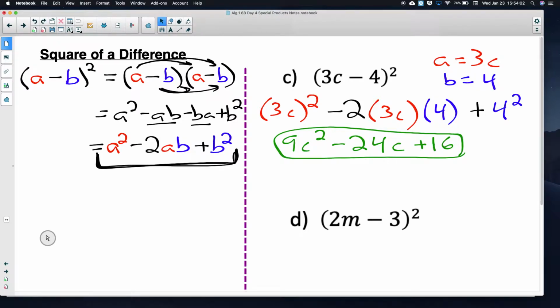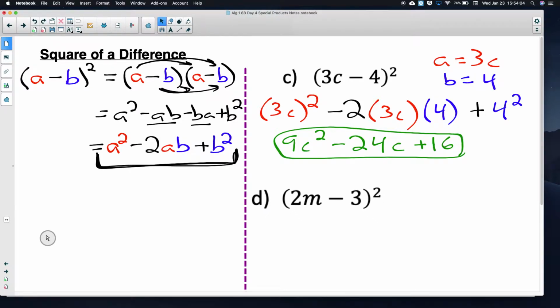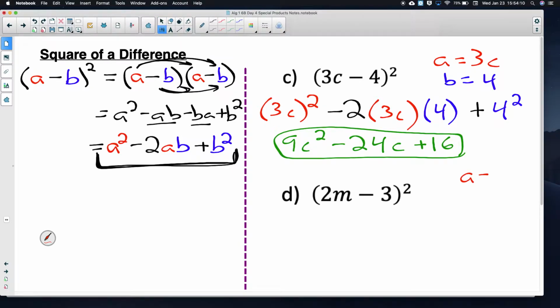And then another example for this one, 2m minus 3 squared. Well, A is being played by 2m, and B is being played by negative 3.